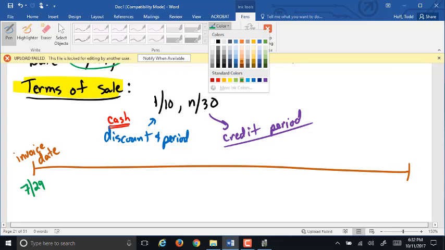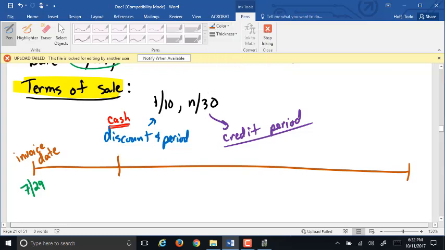The next date that's going to be marked off here is the end of the discount period. What is that date going to be? Well, the 1/10 means you have 10 days. So 10 days past 7/29 is going to be 8/8. So from the 29th, the first day would be the 30th, 31st, 1st, 2nd, 3rd, 4th, 5th, 6th, 7th, 8th is the 10th day.